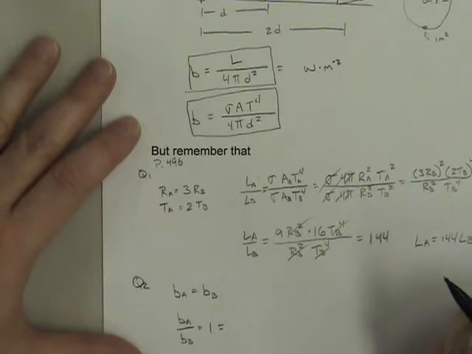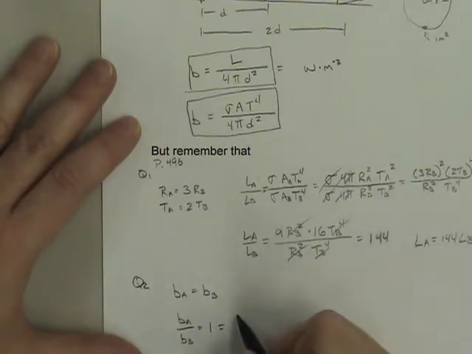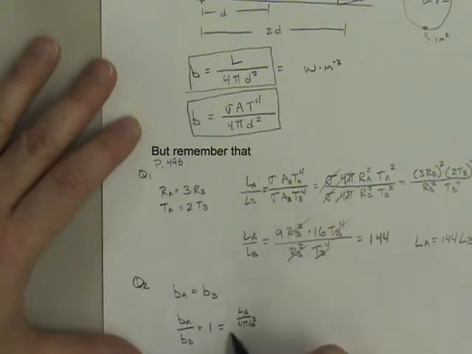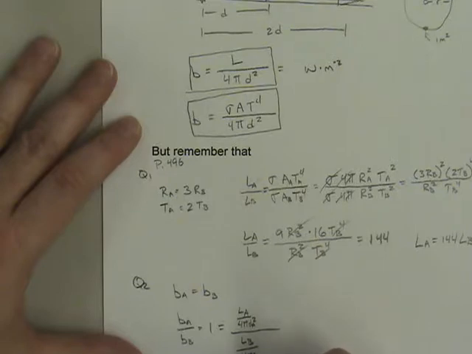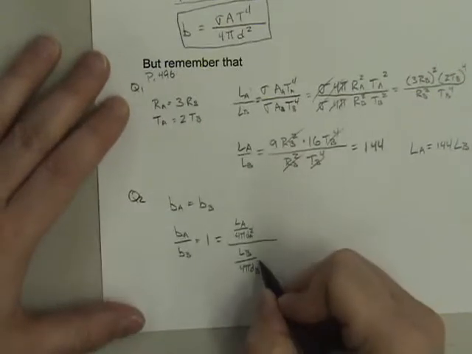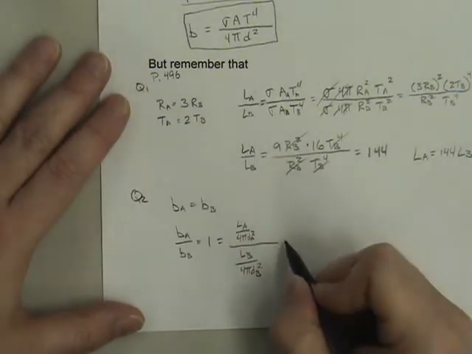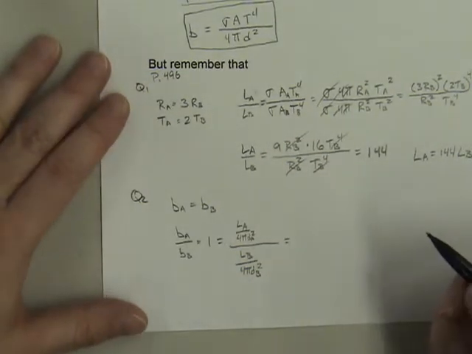Now, I know there's a formula for apparent brightness. The formula for apparent brightness is LA divided by 4 pi D squared, this would be DA squared, over LB divided by 4 pi DB squared. Okay, so let's start plugging in some numbers.